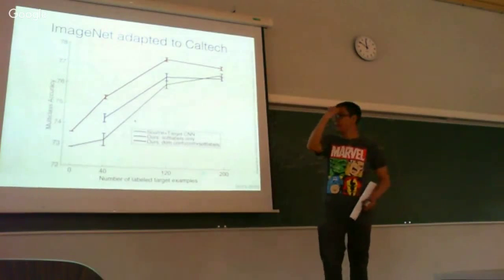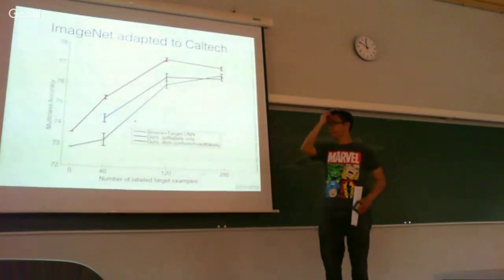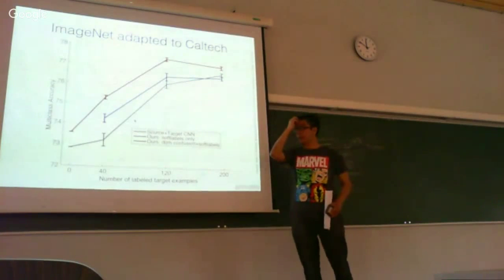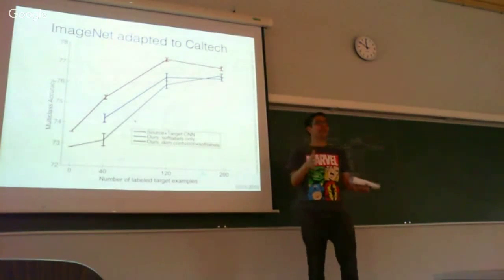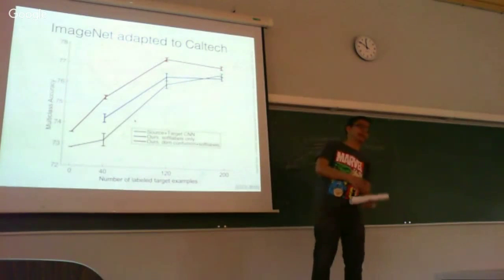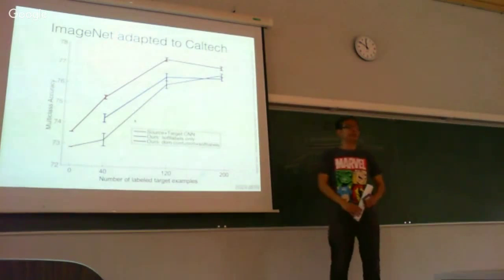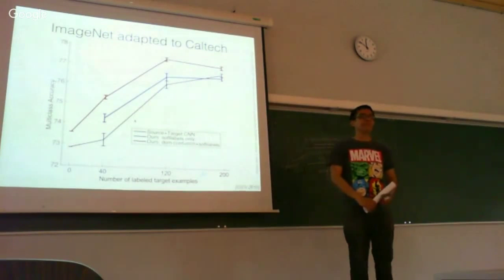And I think you were saying a lot about fine tuning, but here they have the original CNNs for the source and for the target. Yeah, they train a CNN just on the target, from scratch.